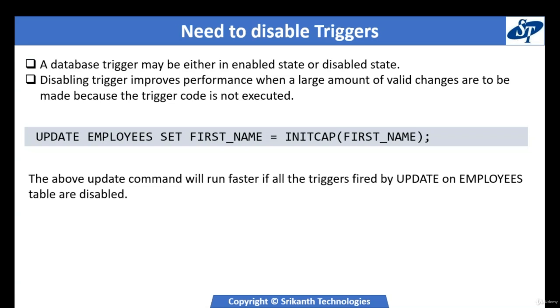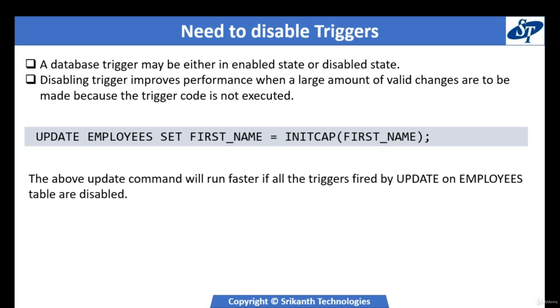Well, you disable the trigger because you strongly feel that in the current context the trigger need not be executed. If the changes you are about to make are all valid changes, there is no need for the trigger to verify them. Then you can disable the trigger to improve performance.